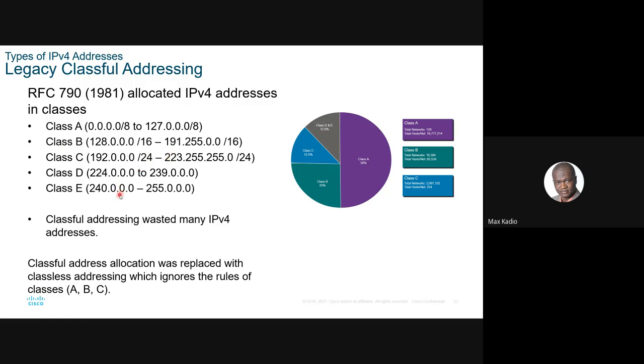For class C, if it starts between 192 and 223, we say this one belongs to class C.